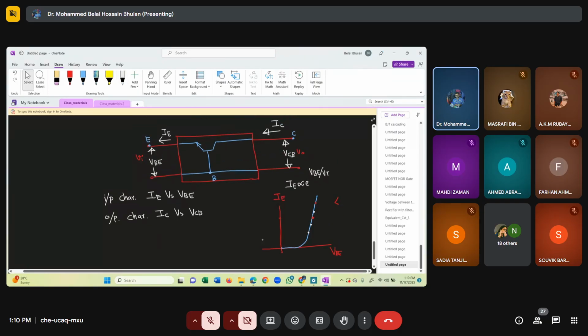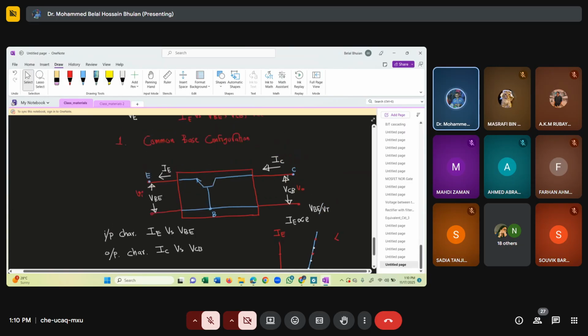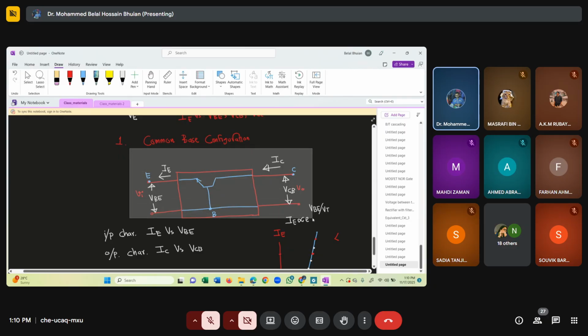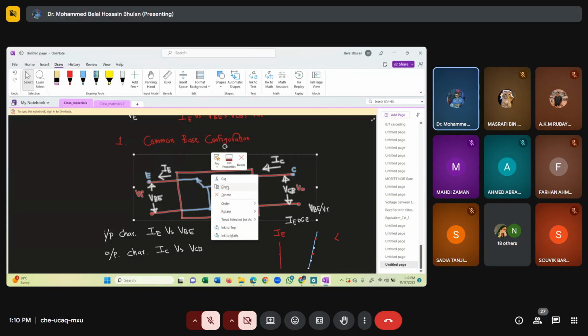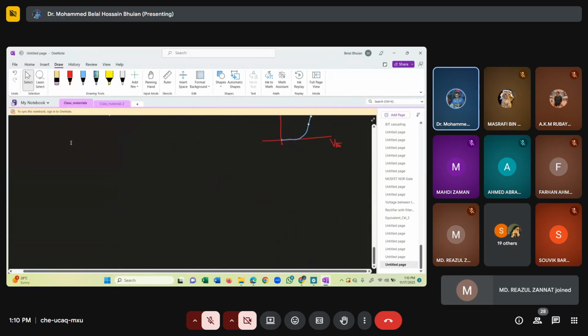Now, obtaining the output characteristics is a bit different. For that, you have to conduct an experiment. What I'm going to do is copy it and paste it here.